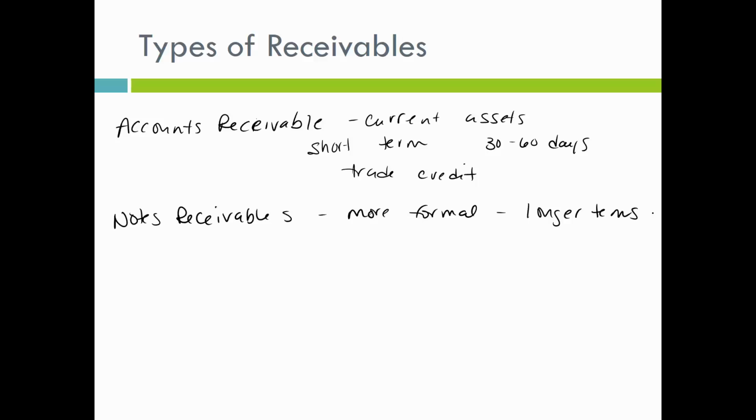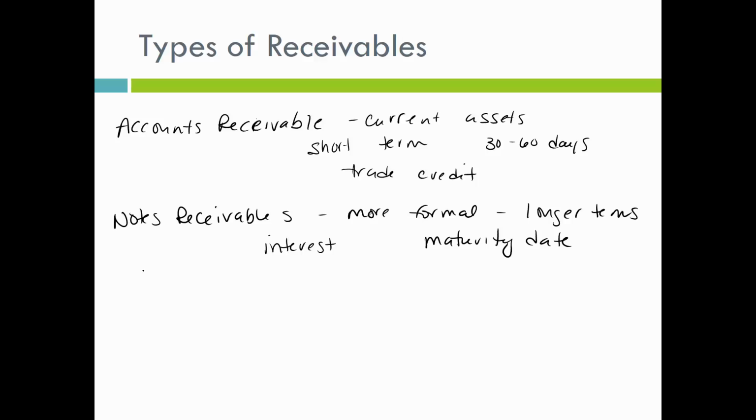But this is going to have a written agreement now instead of just an informal agreement. It's going to express these terms. I'm now going to charge them interest, and we will specify a maturity date. That's the date that this note matures and they have to pay me. So we're going to talk about that in this chapter.